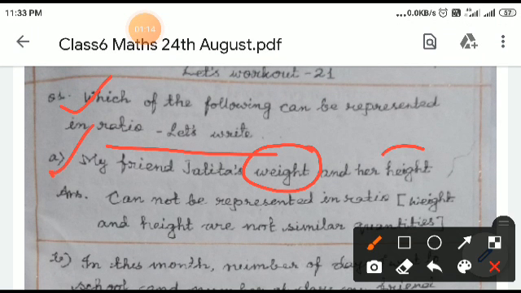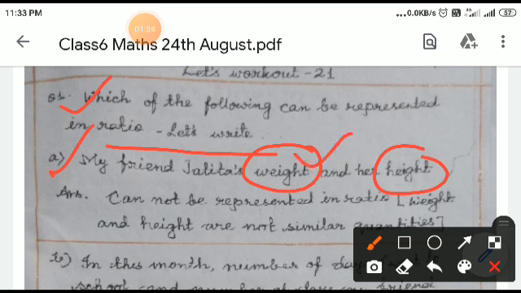We know ratio is the comparison of two similar quantities, and when two or more quantities are to be expressed in ratio, they must be taken in the same unit. So the quantities must have the same unit and they must be similar quantities. So here in sum number A, it is the comparison between weight and height.